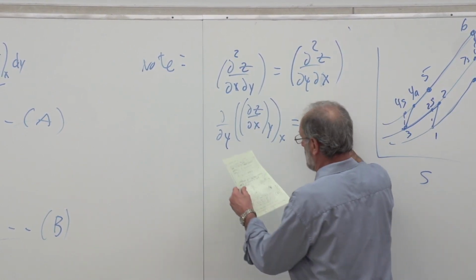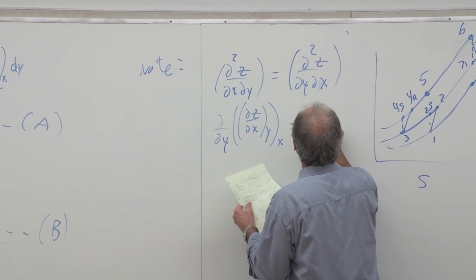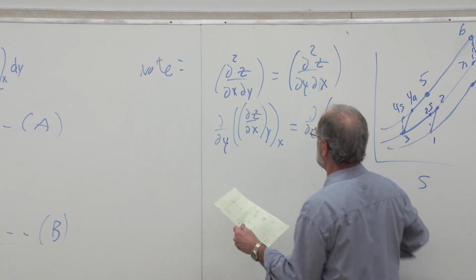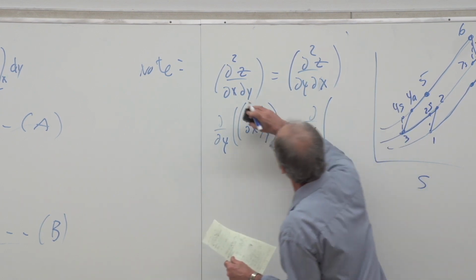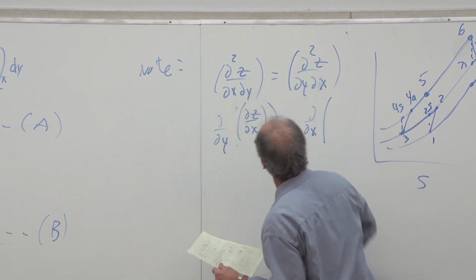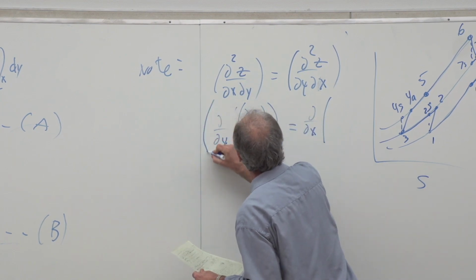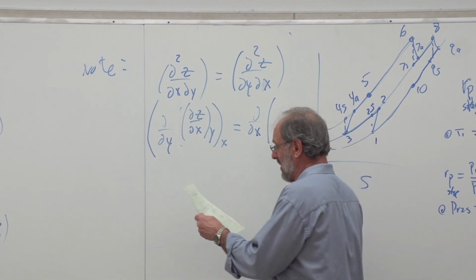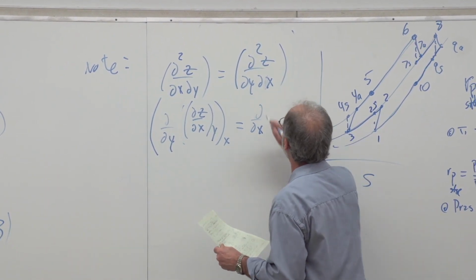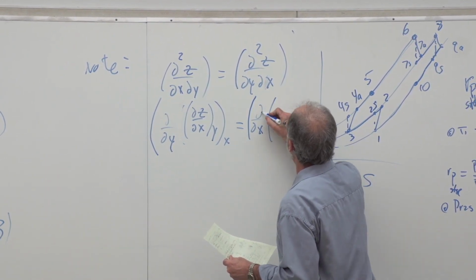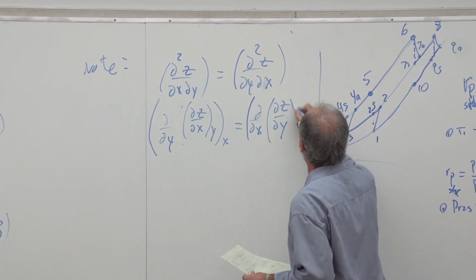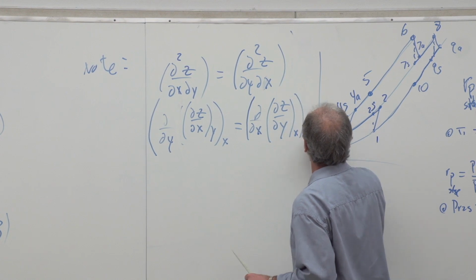And then over here, this is going to be del by del x of del z del y. Oh, you know what? One of my brackets is in the wrong place. This one. Okay, so if you just move that left bracket out. And in fact, I have the wrong bracket here too. Okay. So anyway, del by del x of del z del y, holding x constant, holding y constant.